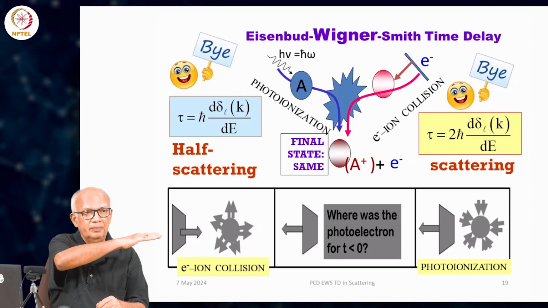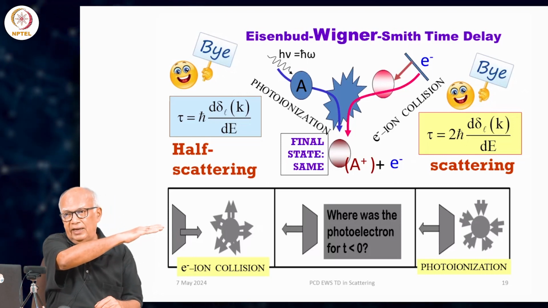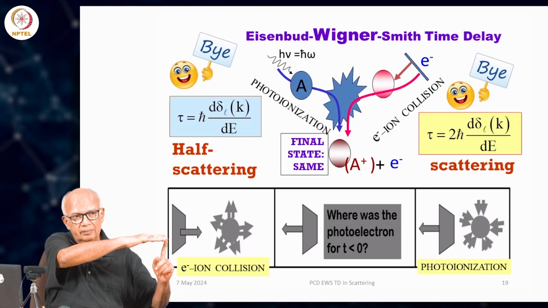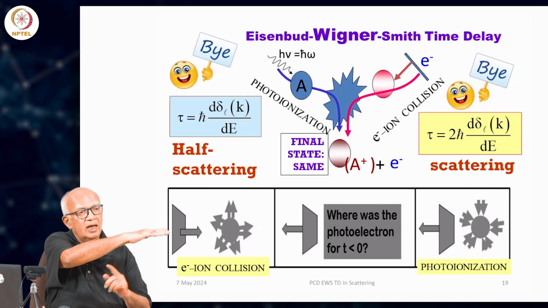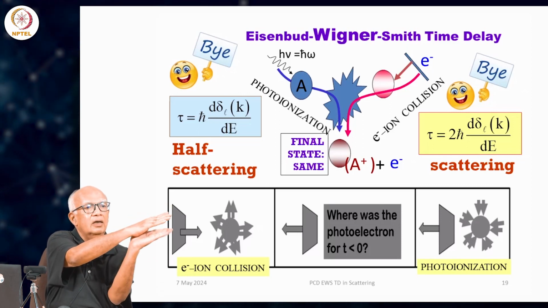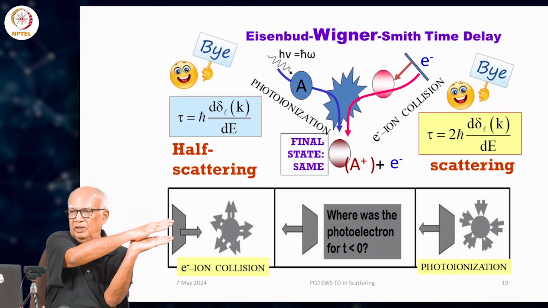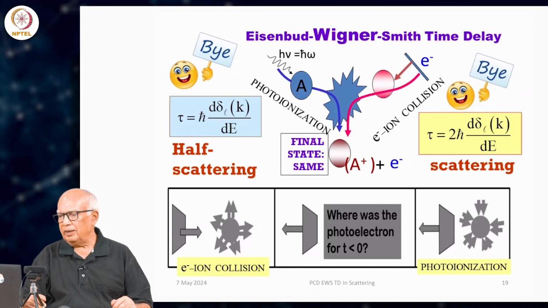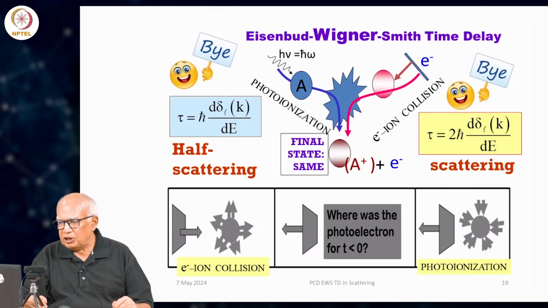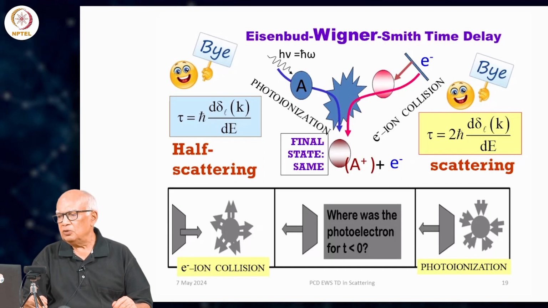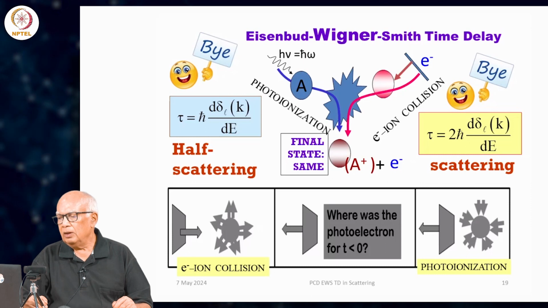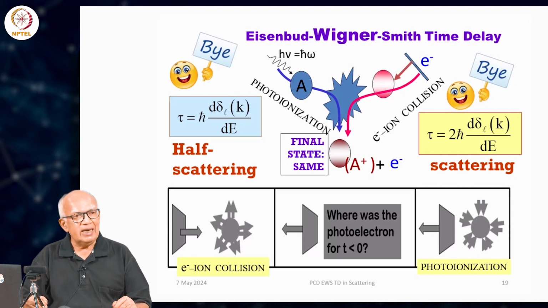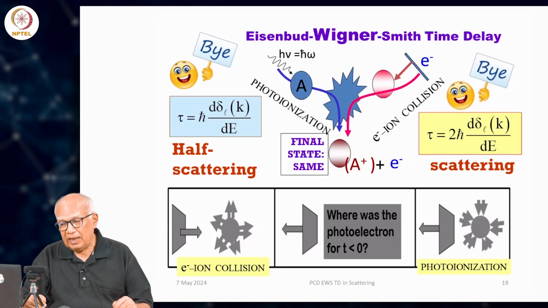So, this becomes your z axis. Z axis is now pointing from my elbow to the finger. So, this becomes my z axis, and the polar angles theta are these angles with reference to the polar axis. So, this is important. Photoionization, however, is half scattering. So, the photoionization time delay would be h cross d delta by dE, but then the physics is different.